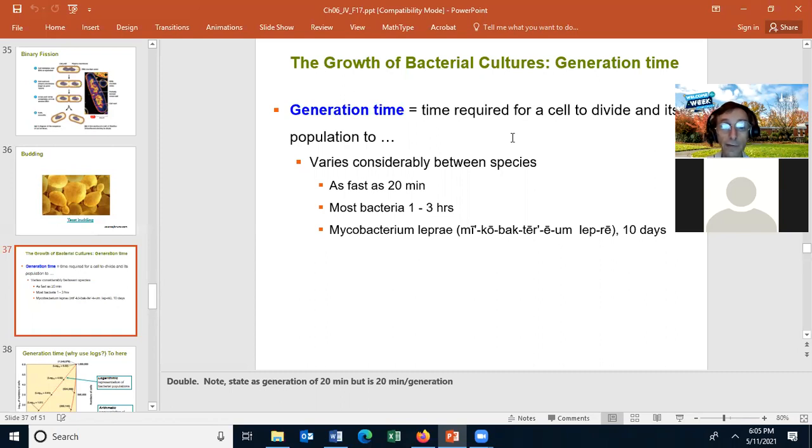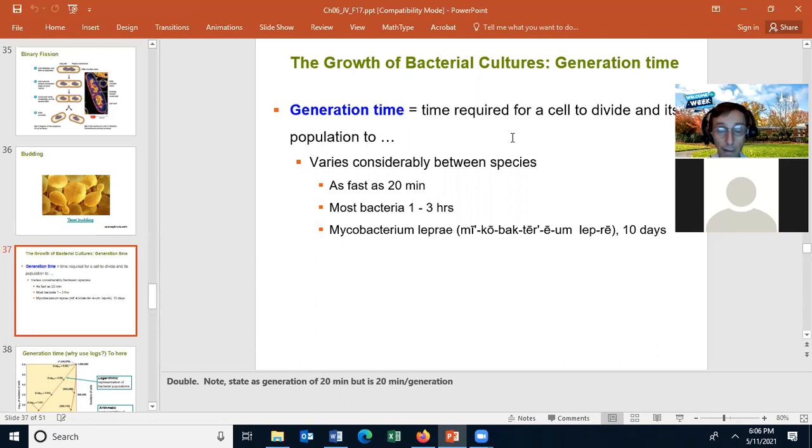The generation time varies considerably between species. Some bacteria can double as fast as 20 minutes. For example, E. coli can, at its fastest, double in 20 minutes. Most bacteria that we grow in the lab double every 1 to 3 hours.